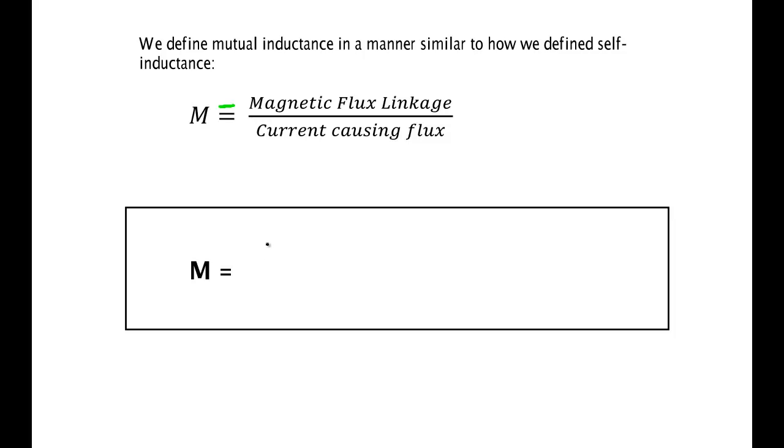Now the flux linkage depends on the number of turns in the second coil, N2, times the flux going through that coil. And we'll choose the notation that this is Φ21. 2 stands for in coil 2, and 1 stands for caused by coil 1.